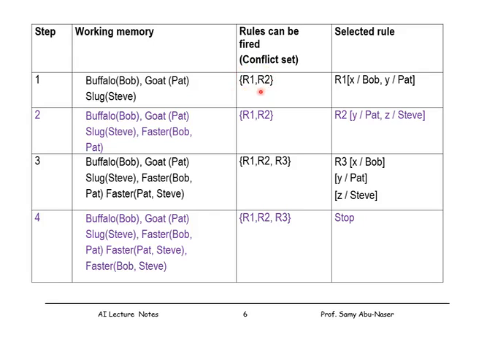We take R1 and substitute X for Bob and Y for Pat. Execute R1. The output, along with what was previously in memory, buffalo Bob, goat Pat, slug Steve, gives a new fact: faster Bob and Pat. Bob is faster than Pat.